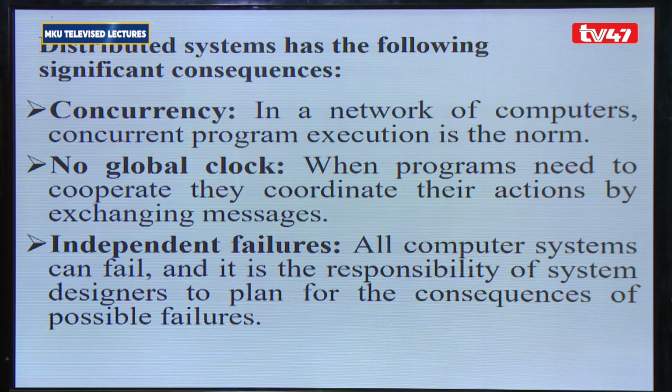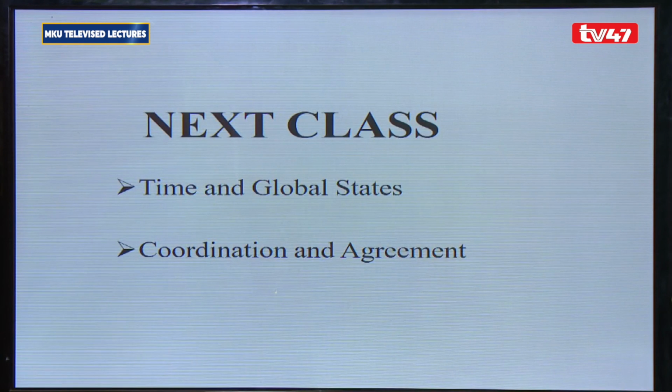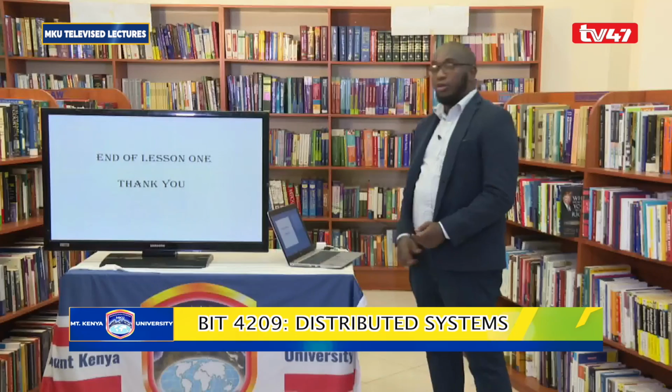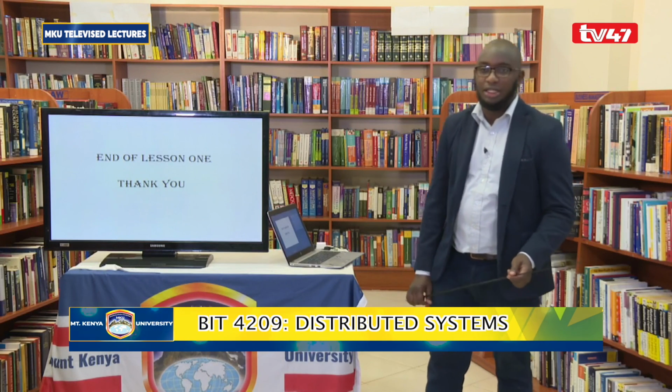And on that matter, in the next class, we will be talking about time and global states, coordination, and agreement in distributed systems. We'll be discussing how you tackle issues about the global clock and agreements. So with that, thank you very much. See you in the next class.